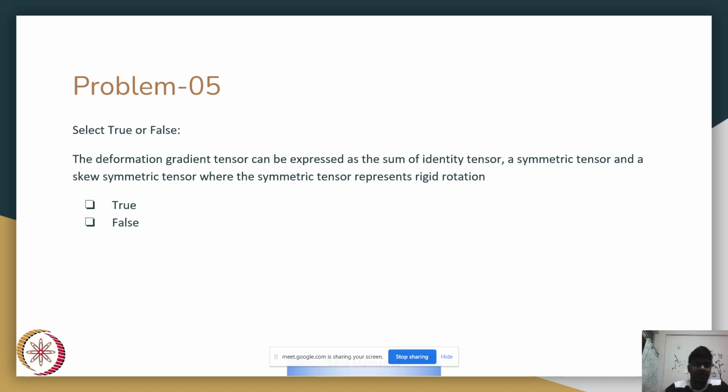The fifth problem, it's a true or false statement. The deformation gradient tensor F can be expressed as a sum of identity tensor, a symmetric tensor, and a skew symmetric tensor, where the symmetric tensor refers to rigid rotation. So if you remember the definition of deformation gradient tensor, F is I plus grad u, right?